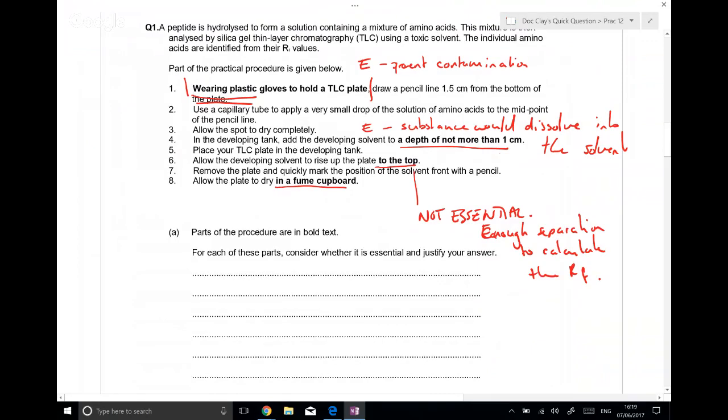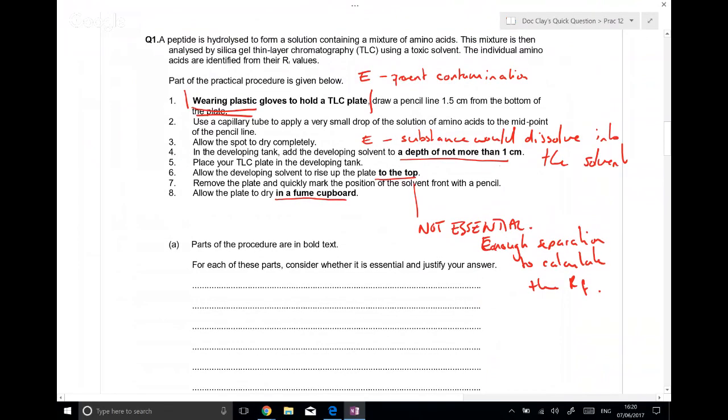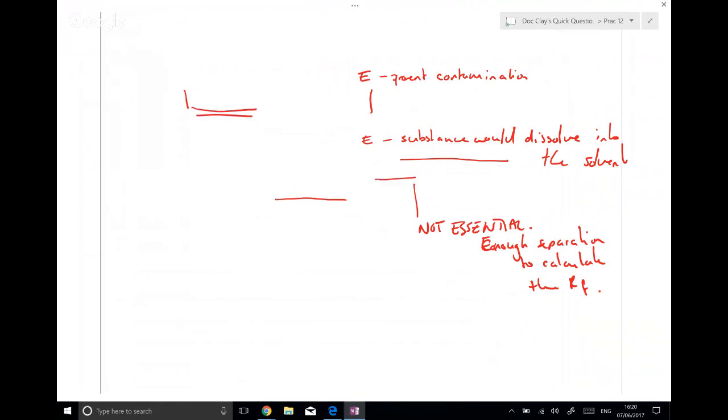All right, and then finally, allow the plate to dry in a fume cupboard. Well, this is really going to depend on the solvent that they suggest.